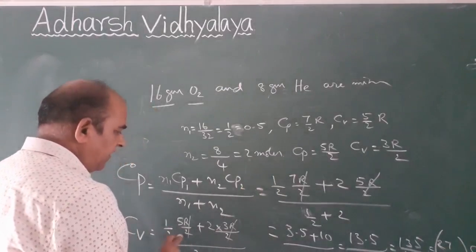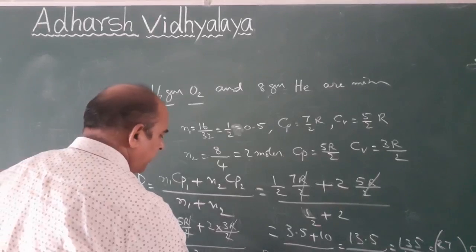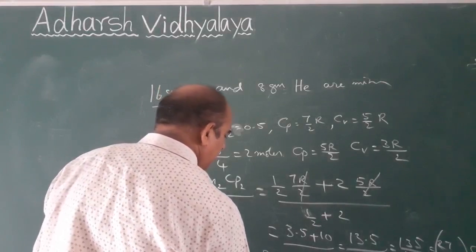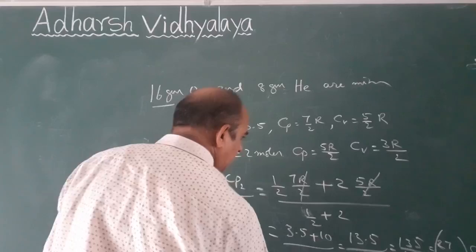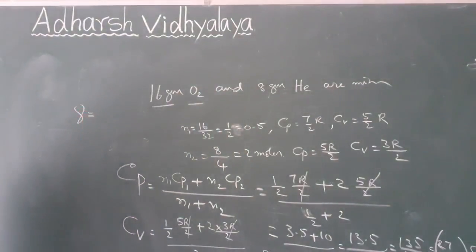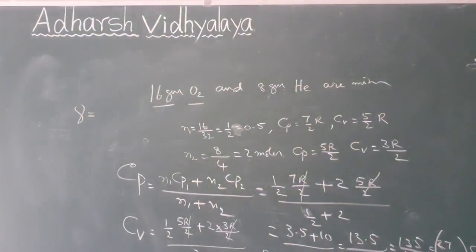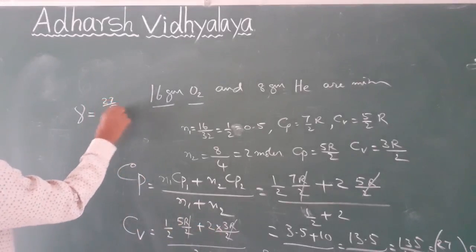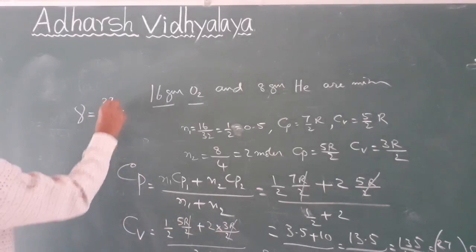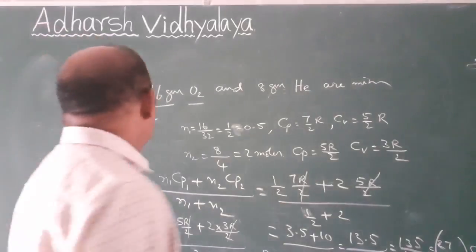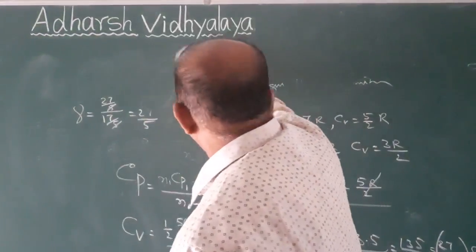So 2.5 plus 6, 8.5 divided by 2.5, that is 85 by 25, so 17 by 5. Therefore, finally, gamma of the mixture is Cp by Cv, 27 by 5 divided by 17 by 5. 5 cancels, so gamma of the mixture is 27 by 17.